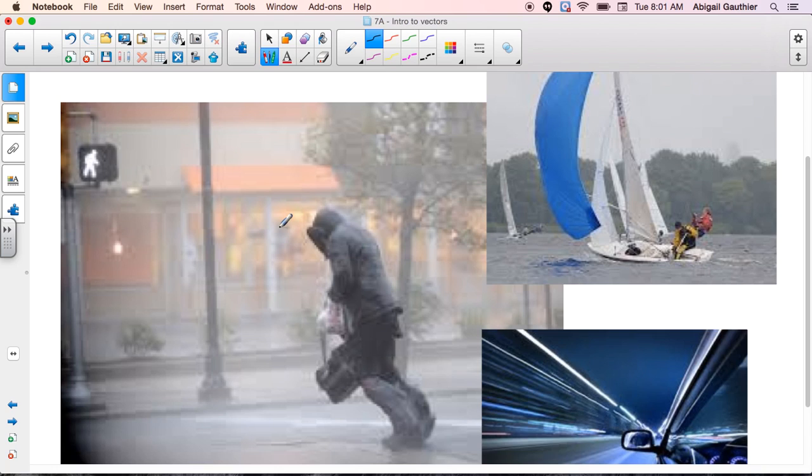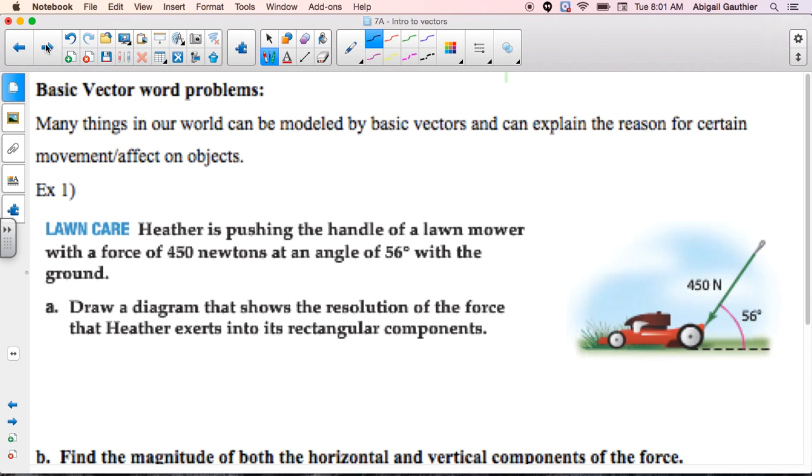If those are opposites of one another, it ends up pushing you back or making you walk slower. Or if those vectors are in the same direction, you're going to go faster in that direction. So wind is a huge vector in nature that definitely affects things like sailing and walking and all that good stuff.